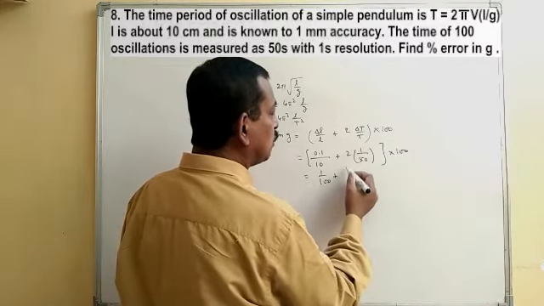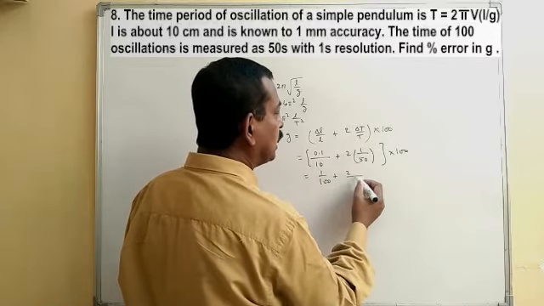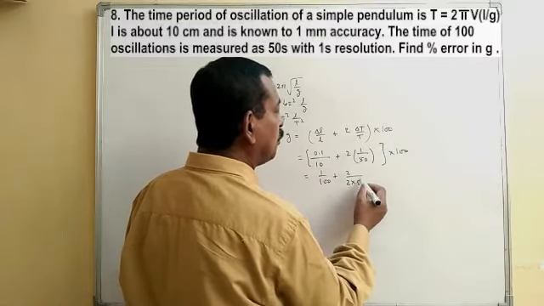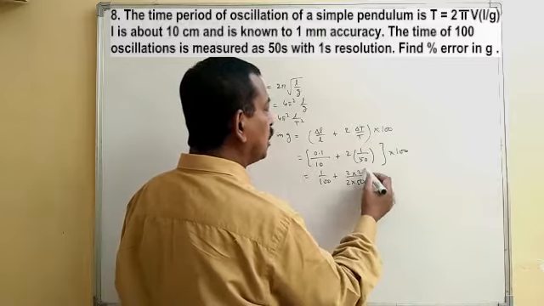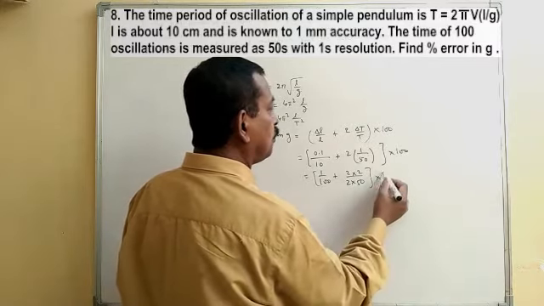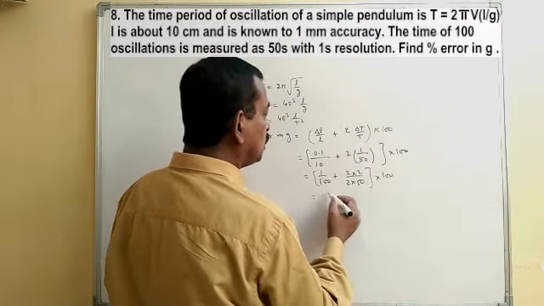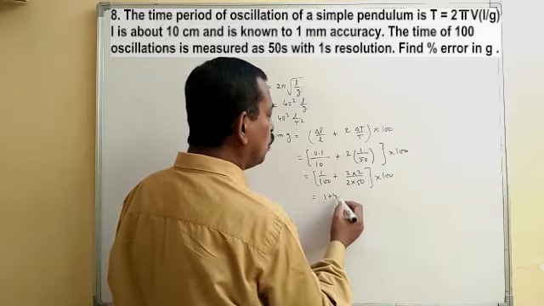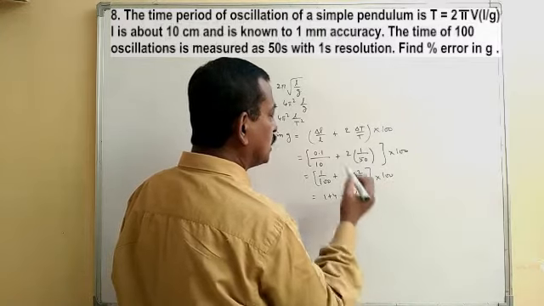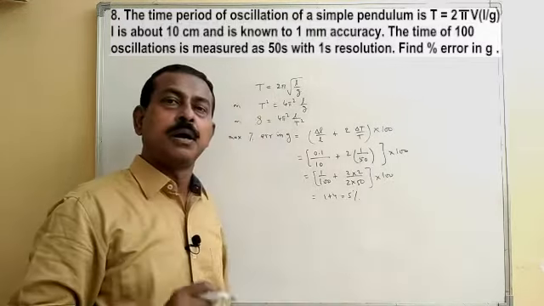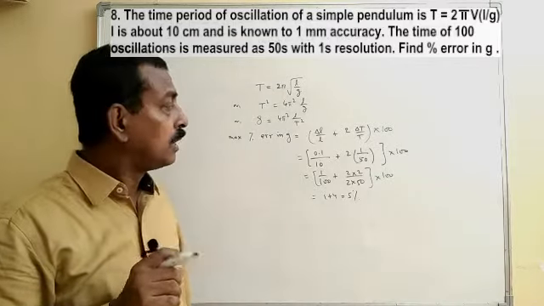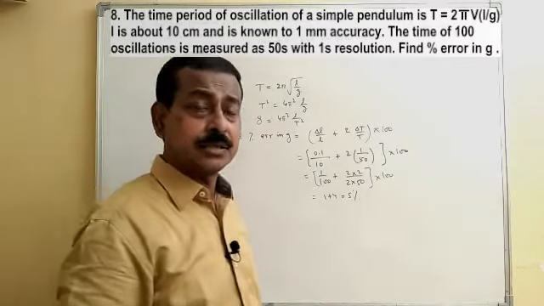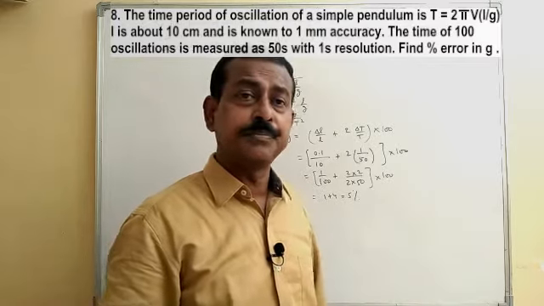This we can write, suppose I multiply by 2 and divide also by 2. 1, 2 is already there. So this is your 1 plus 4, that is 5%. But you'll find that you'll get the answer as given in the book.